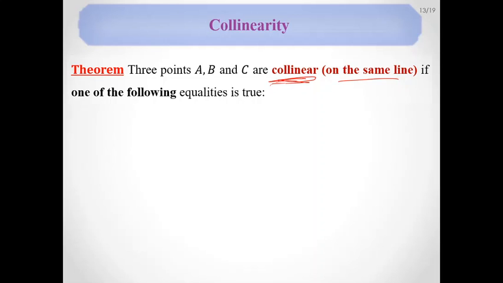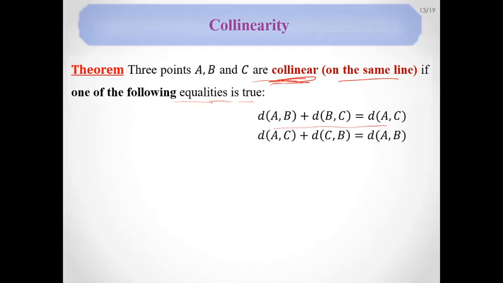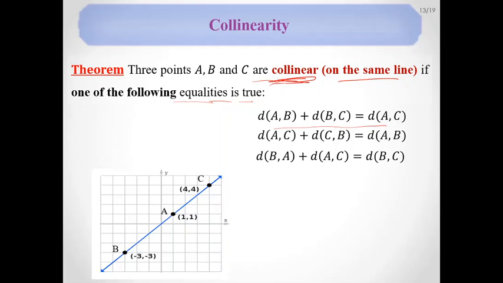So it says if one of the following equalities is true, then we say they're on the same line, they're collinear. You can check this: the sum of the distances of two of them is equal to the other one, then they're on the same line. We don't check all of them.